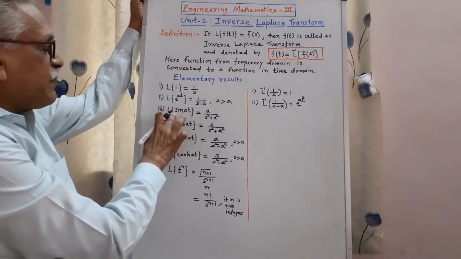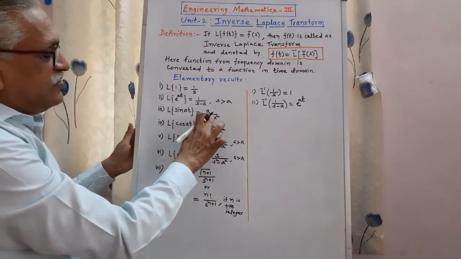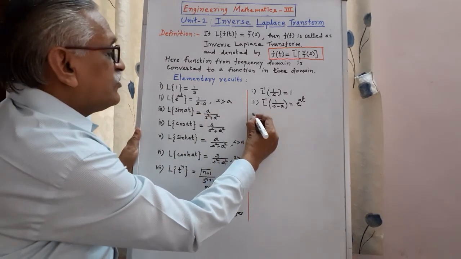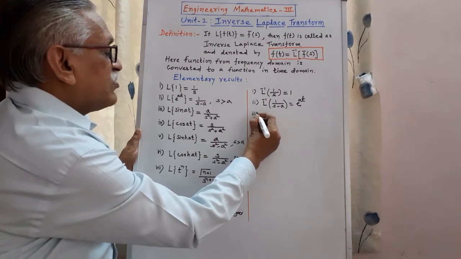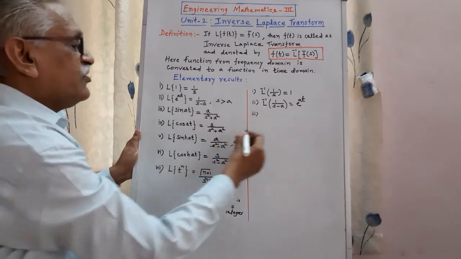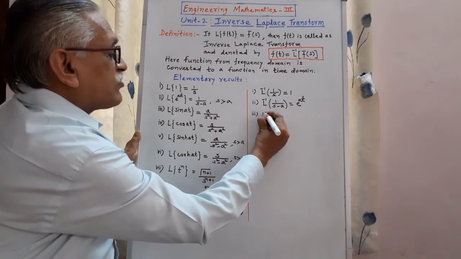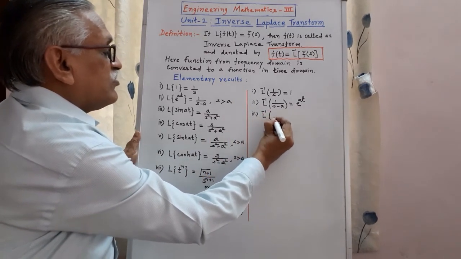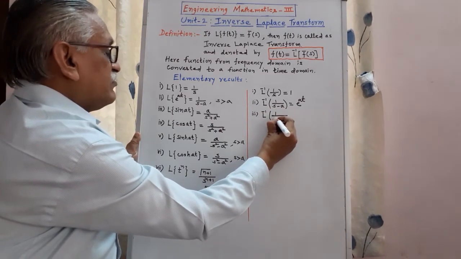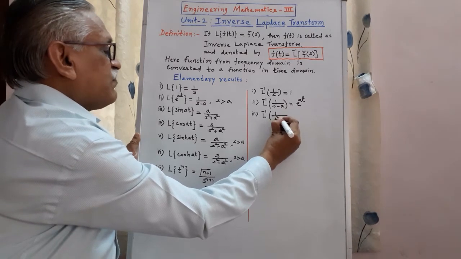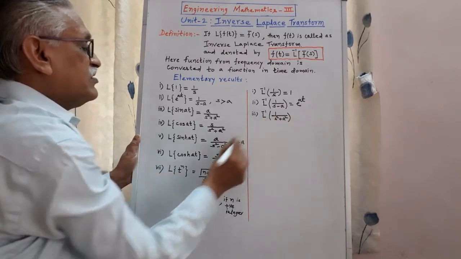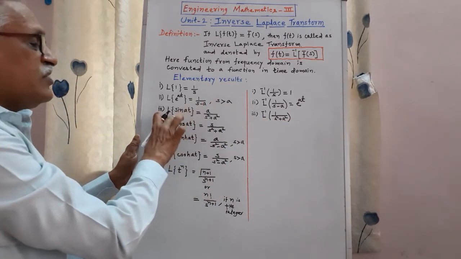Third result, Laplace of sin at is a upon s square plus a square, and therefore this constant term I will keep on the right hand side only, and therefore inverse Laplace of 1 upon s square plus a square means this term we have to transfer to the left hand side.